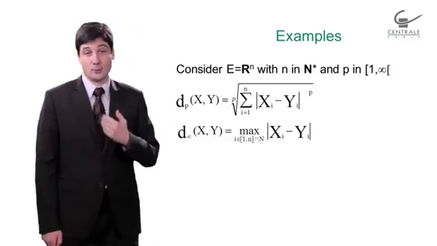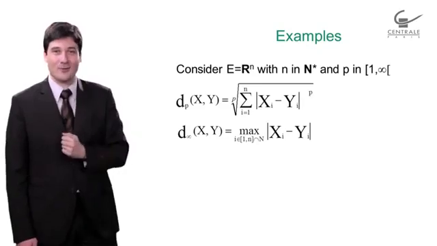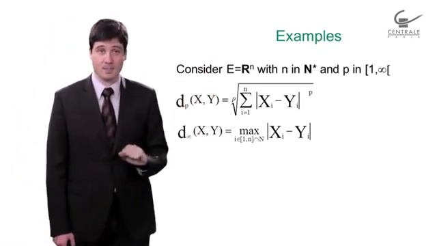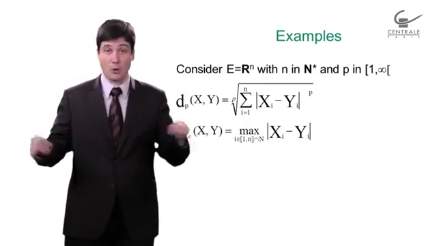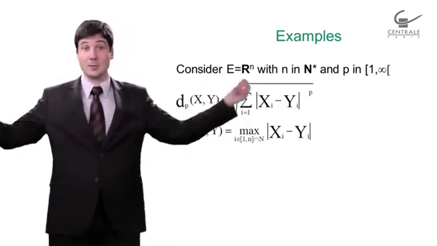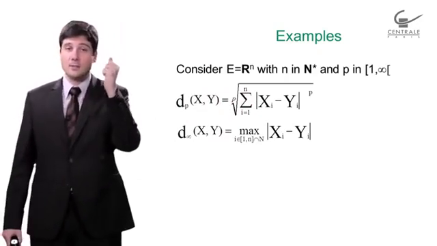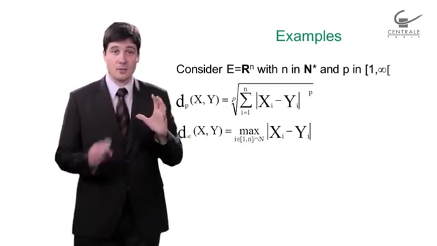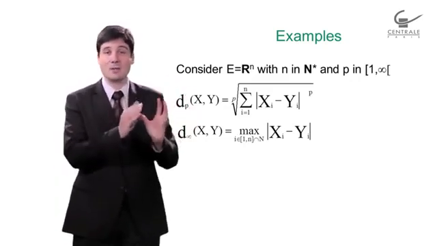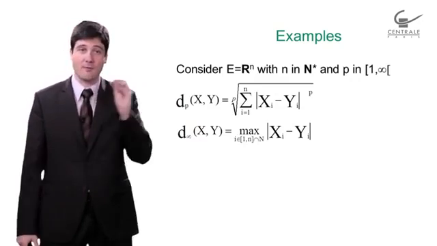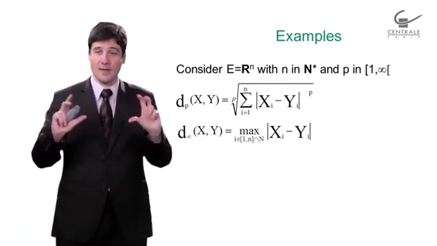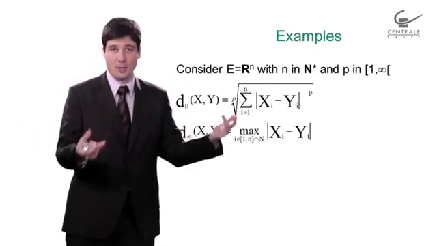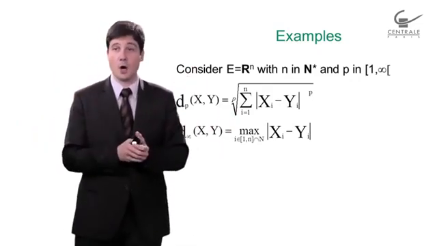Let me give you an example, actually two examples here, actually an infinite number of examples. Let's choose as a set R^n. So think about R3, that's our space, or R2 is the plane, or R1 is the line. Then you can define the distance d_p as the sum of |x_i minus y_i|, where x_i and y_i are the components of x and y, raised to power p, you add this up, and then you take the pth root of it, or you raise it to power 1 over p.